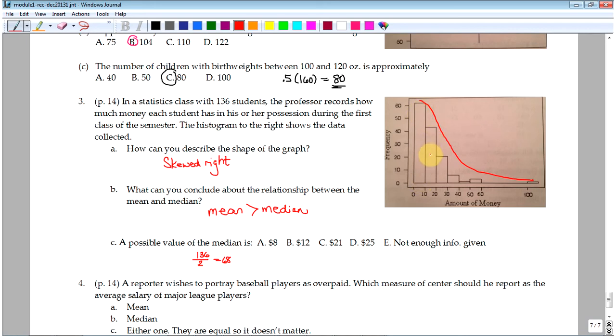And then we jump down to between $10 and $20. So the median is actually going to occur somewhere within that response. So a possible value of the median has to be something between $10 and $20. So 12 would be our answer.